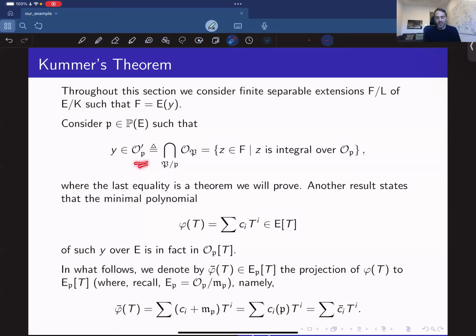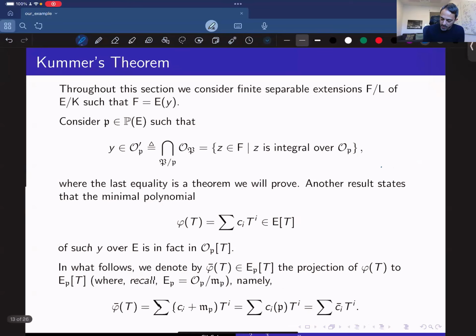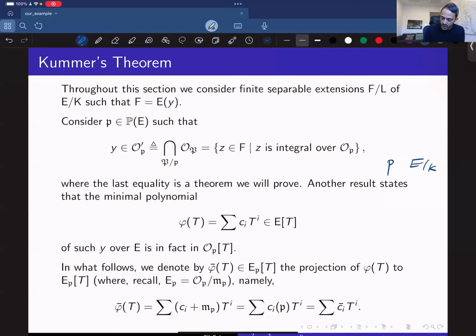And O prime p, actually, there are two ways of defining it, equivalent ways, of course. One, which is approachable to us right now, is as the intersection of all valuation rings corresponding to primes above p. Right, so you have little p here, this is E over K, and then maybe you have P1 up to Pr, finitely many places above p.